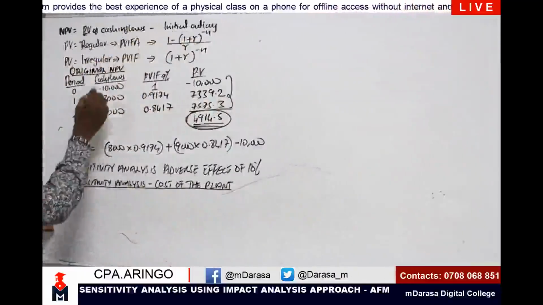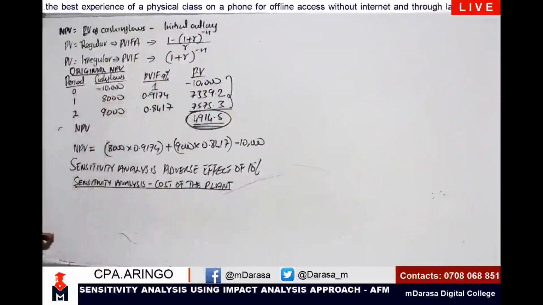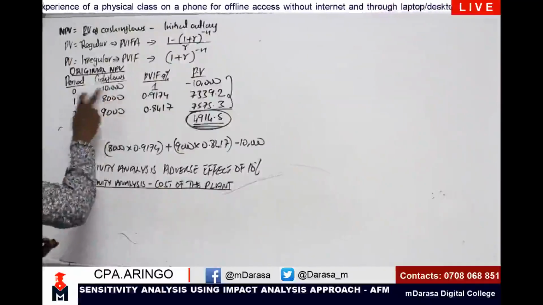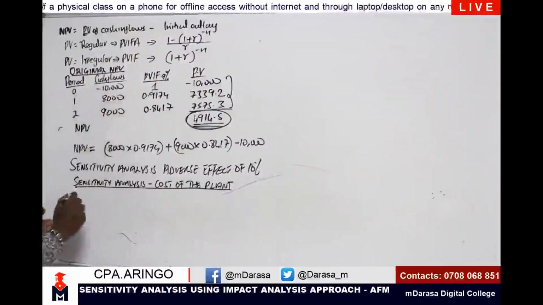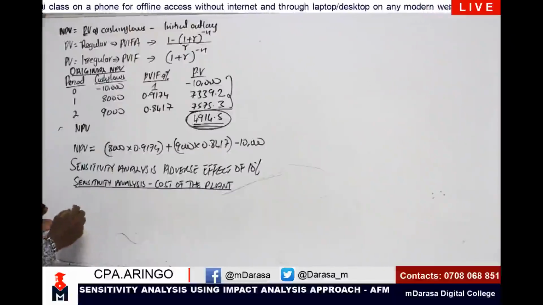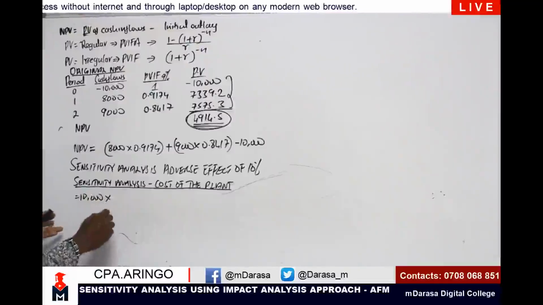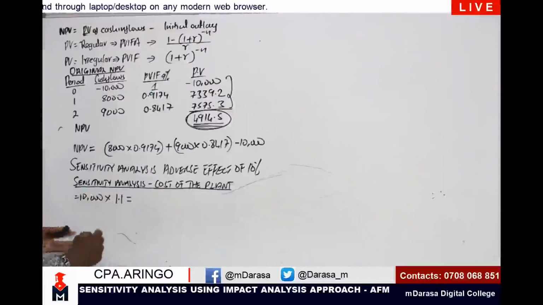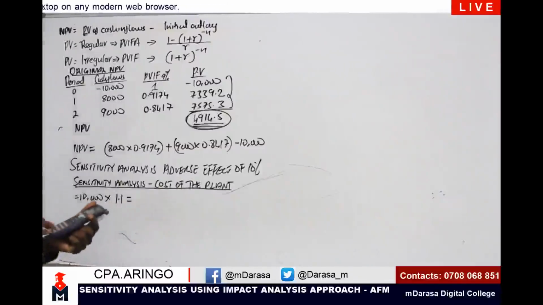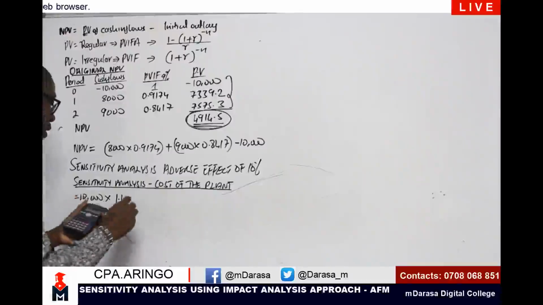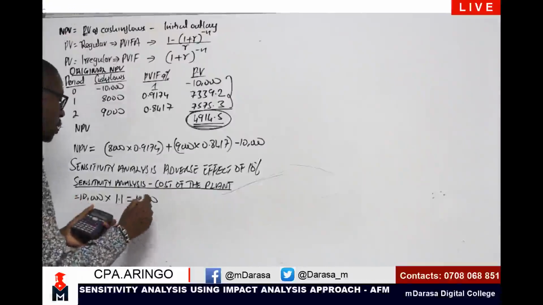So initially, this was our original cost. If we adversely affect it, what will we be having? I should be having 10,000 times 1.1, since it increases by 10%, which will give us 11,000.